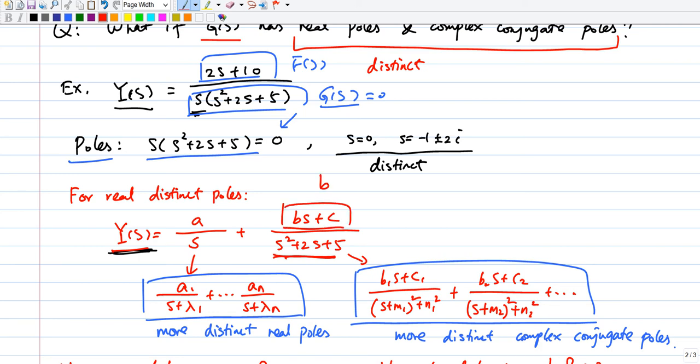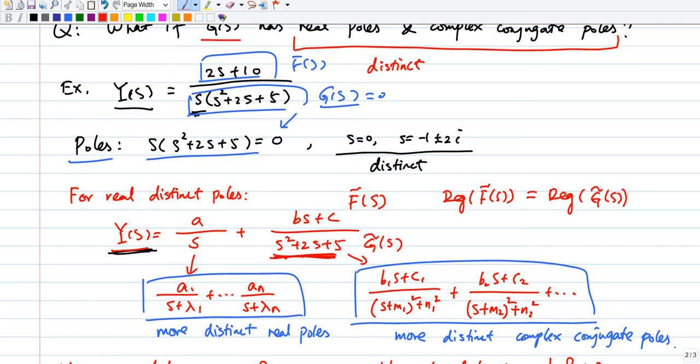We cannot just give a B over here, it has to be Bs plus C. If this is my new F(s), the degree of F(s) is equal to the degree of G(s) minus 1. Basically, you can only assume that. You can also assume it is less than that, but a degree minus 2 cannot be. So basically, you have 1 degree less than the denominator.